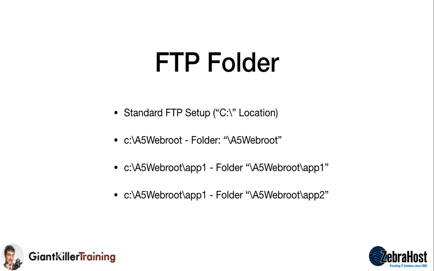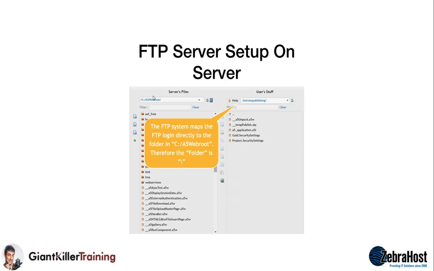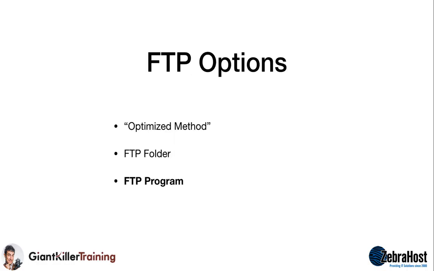So if you're going to the root of the A5Webroot, it would be /A5Webroot. And if you have a specific application, it would be that path and also the application name. The key here is that you just need to understand where your FTP is and then how you map it out from there. In my case, I have everything pointed to that A5Webroot, and when you log in with the FTP that I provided you, everything's mapped, and therefore I use that backslash.